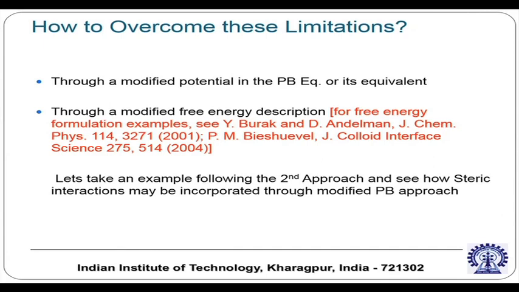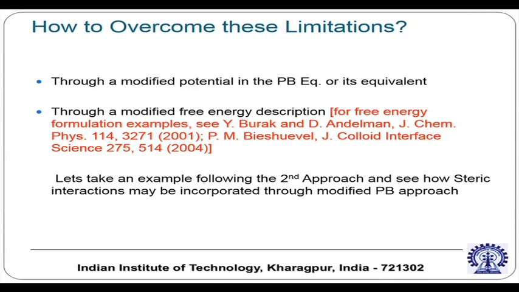Through a modified potential in the Poisson-Boltzmann equation, that is one possibility, that we modify the ideal potential with some different potential, with some augmented potential that incorporates these interactions.